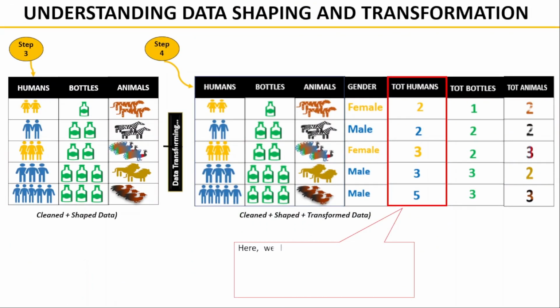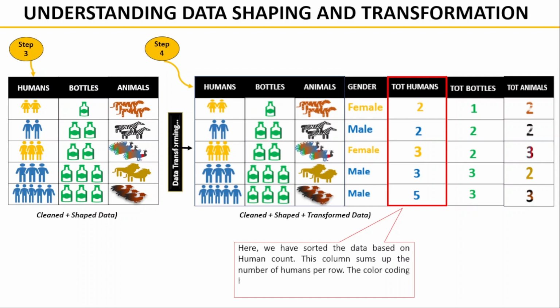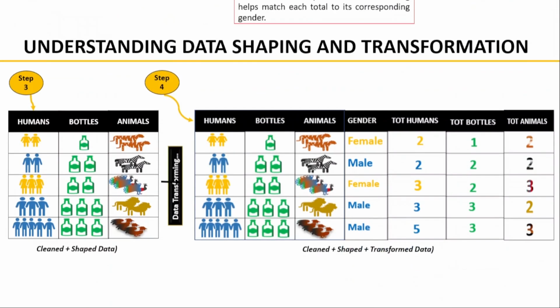Now, for our total human column, we have also sorted the data based on human counts. This column sums up the number of humans per row, and the color coding helps match each total to its corresponding gender.